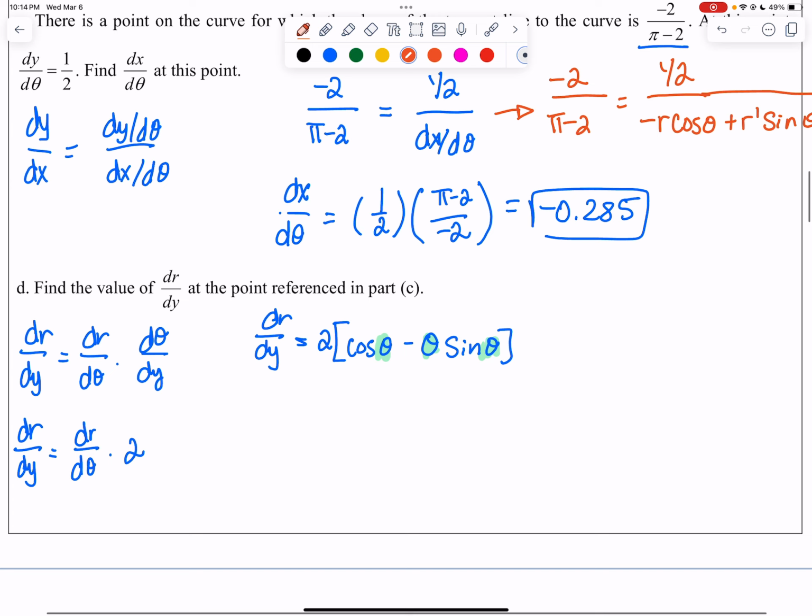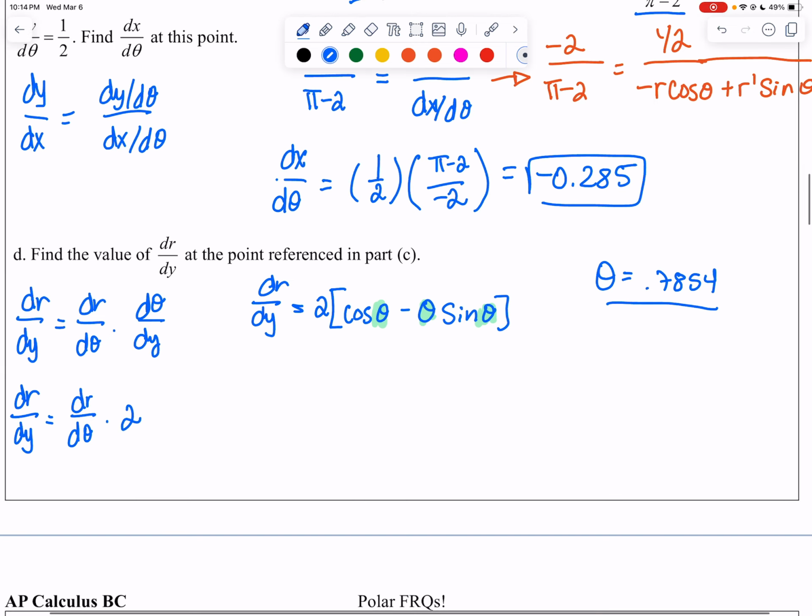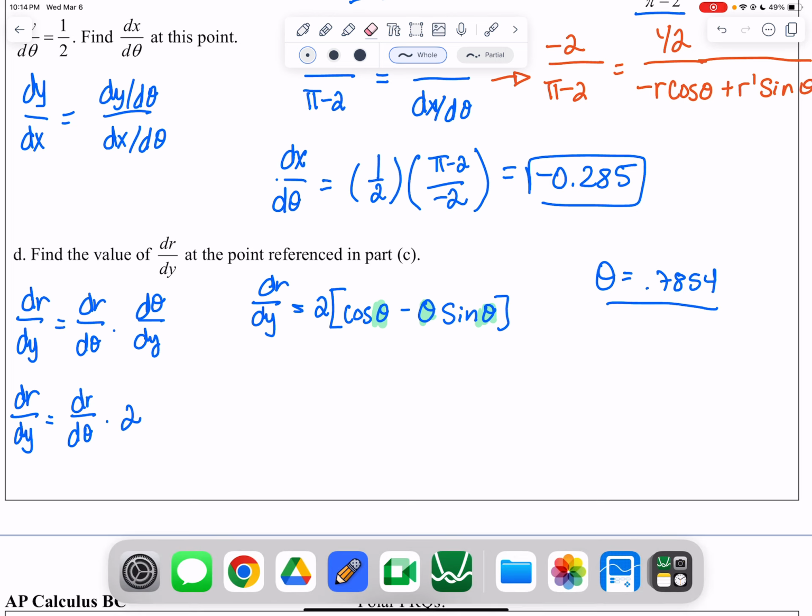So theta is equal to 0.7854. Lucky for us, it's already going to store x being 0.7854. So what we're going to do now is put this into the 84 and see what that is. dr/dy is going to be 2 times cosine theta minus theta sine theta. And remember that this right here, I think, was y1.